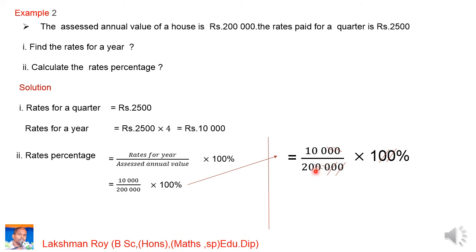Then another 0, and another 0. Now the 0s are over. Now here only 10 remains, and 2, both can be divided by 2. 2 gives 1, 10 gives 5, so 5 multiplied by 1 is only 5. So that is the rates percentage, 5%.